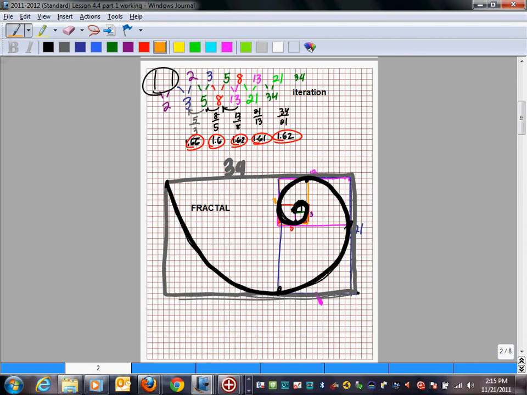You want to write this down? This might pop up on a test in another 10 days. Thank you, Mr. Fields. Yes, sir. A fractal is a visual representation of an iteration. We took that iteration and we made a picture of it. That's called a fractal.